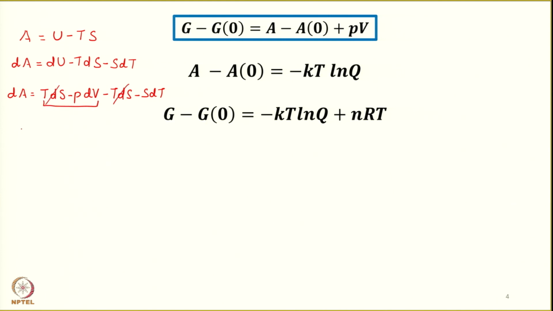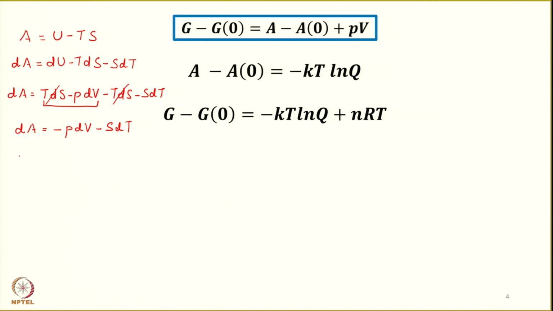TdS cancels, so I have dA is equal to minus PdV minus SdT. As discussed in the previous lecture probably, from this equation we derive two further equations.